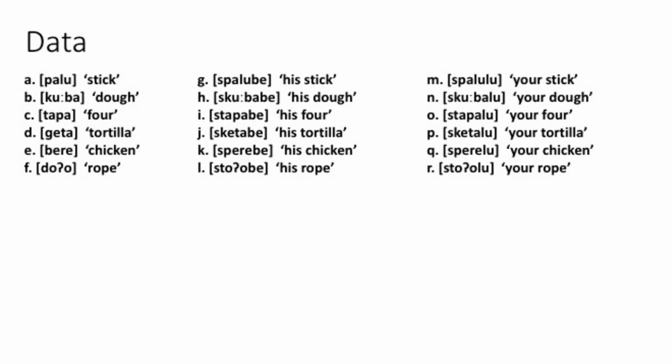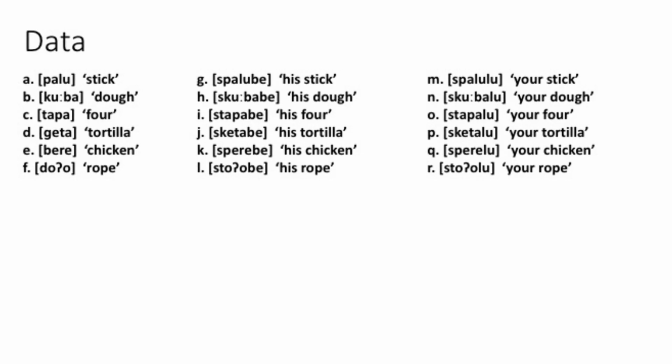And then we see the lu, which shows up at the end of words, it's a suffix, and it shows up for the second person plural. So we can make the hypothesis that the possessive, the genitive, is marked with the prefix s, that the second person plural is marked with a lu suffix, and that the third person singular is marked with the be suffix.